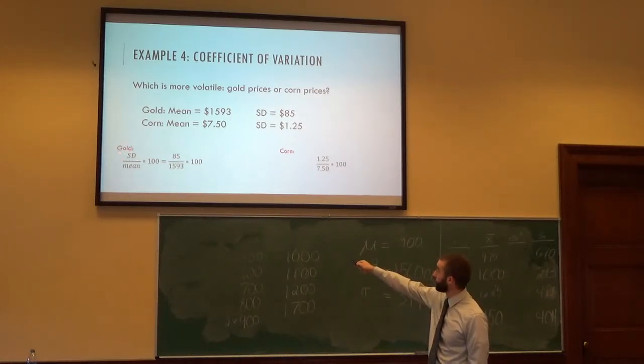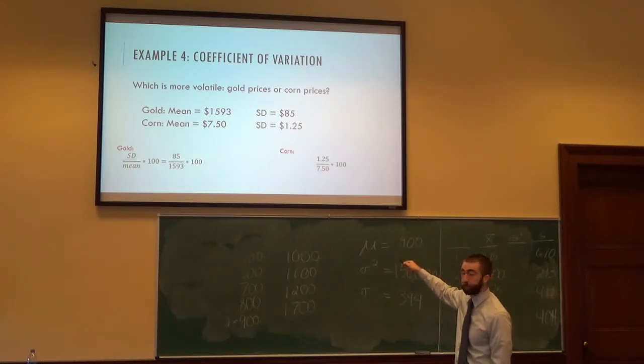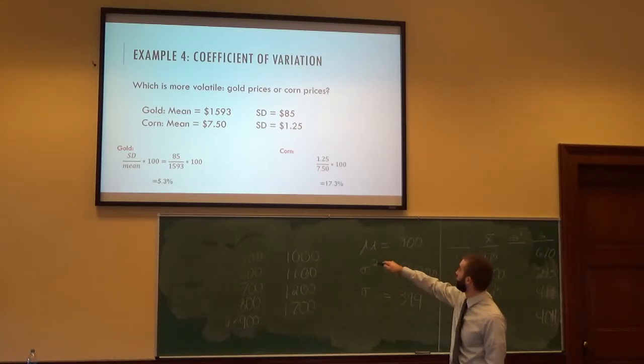For gold, standard deviation divided by the mean times 100: 85 divided by 1,593 times 100. Okay, that's our gold coefficient of variation. And then our corn coefficient of variation, 1.25 divided by 7.5 times 100. 5.3% variation in gold, 17.3% variation in corn.